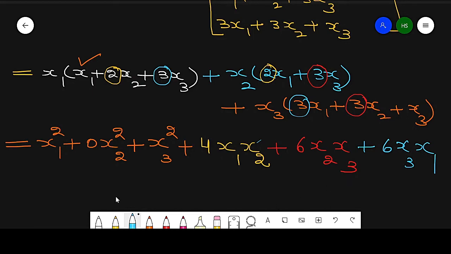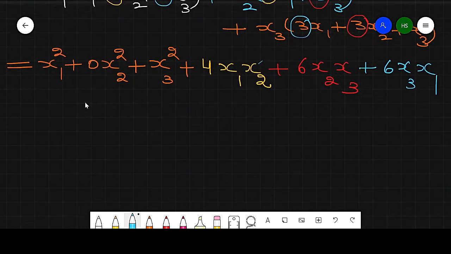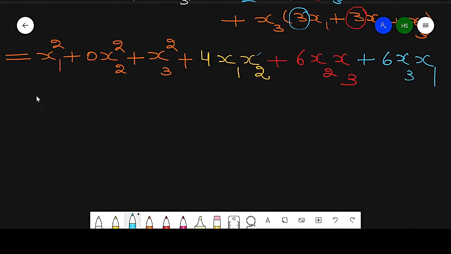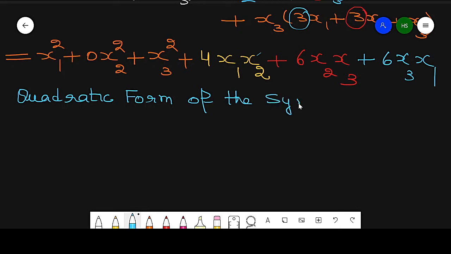So what is the quadratic form of the symmetric matrix?